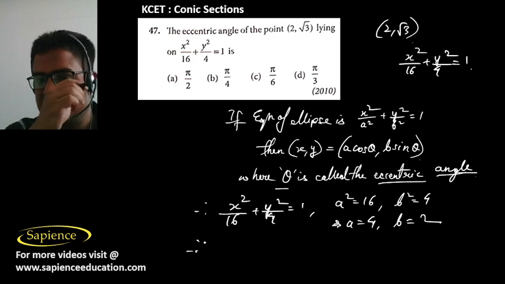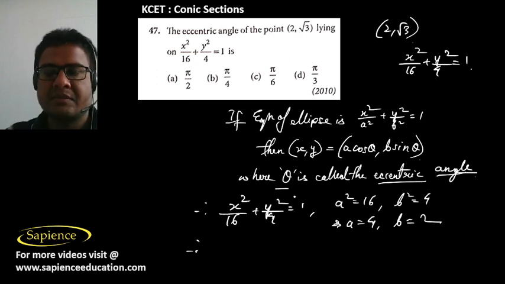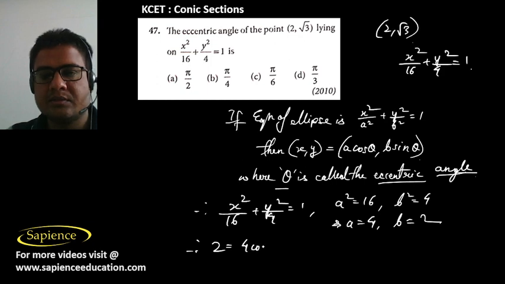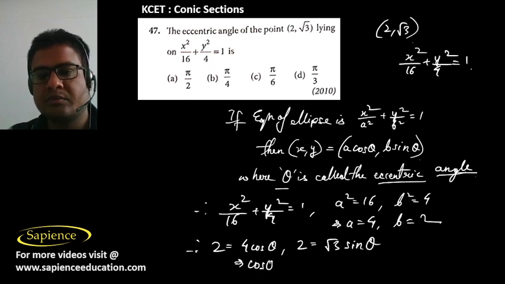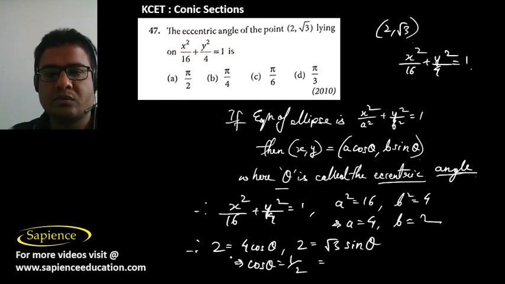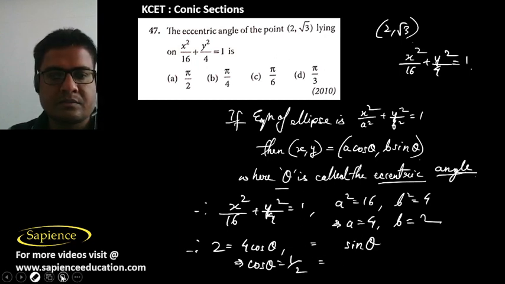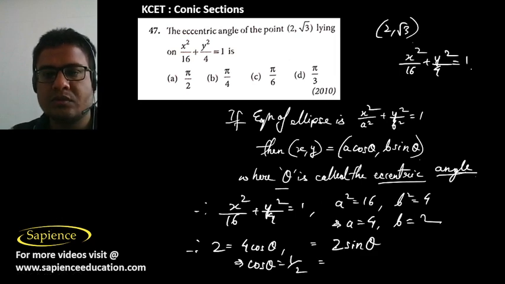So for the point 2 comma root 3, 2 is equal to a cos theta and root 3 is equal to b sin theta. Here something is wrong. So b is 2, so therefore it is 2 sin theta.